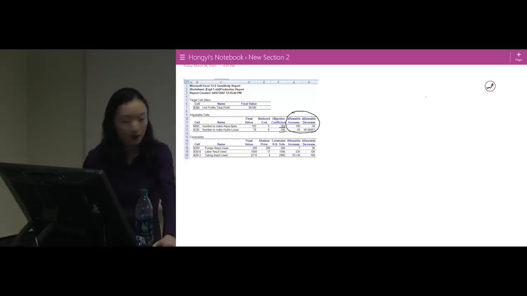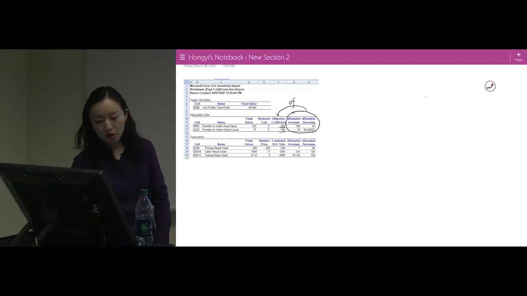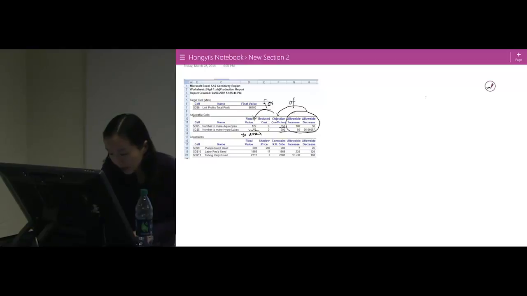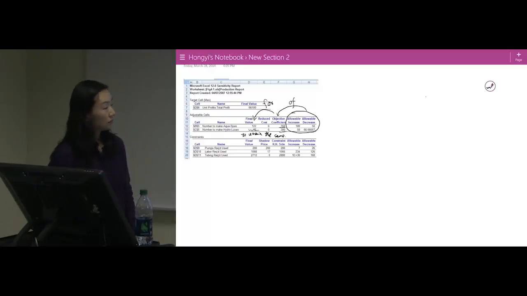So you can read this table as the allowable increase and decrease of the objective function coefficients for these decision variable values to remain the same.